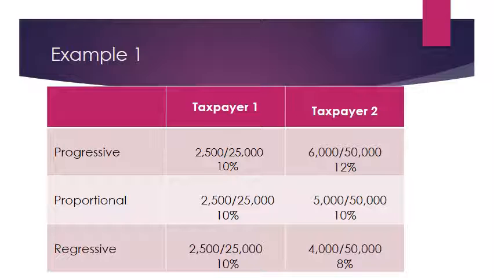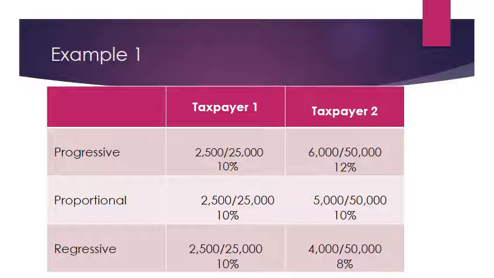Whereas for taxpayer 2, the effective tax rate actually becomes less, because now he's paying £4,000 from his £50,000 of income, which results in an effective tax rate of only 8%. So the burden of this income tax on taxpayer 2 is actually less than on taxpayer 1, because taxpayer 2 is paying only 8% of his income in tax.